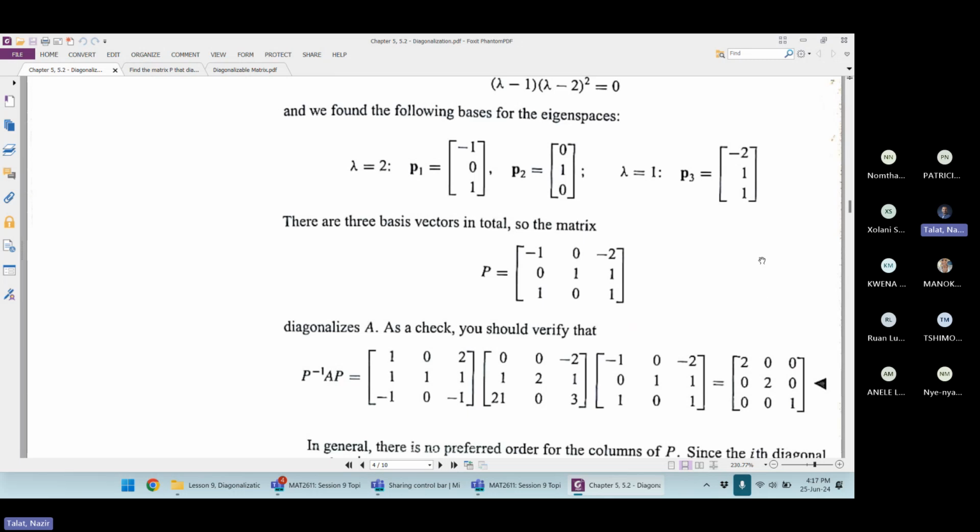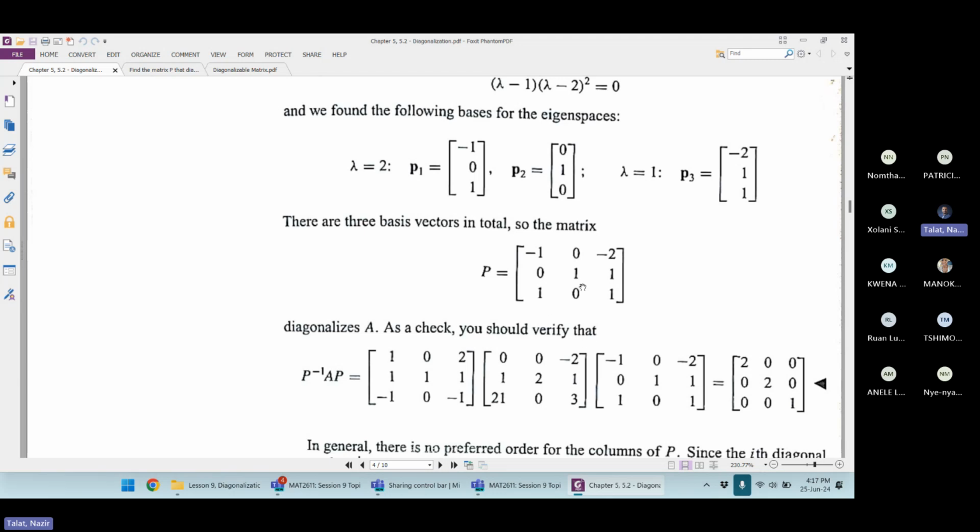One thing you can remember here is that you can interchange p1, p2 and p3. For example, if you write p3 first here, and here you put p2 and here p1, then if you multiply them, the lambda equal to 1 comes first, then 2 and 2, because it depends upon the order of the eigenvectors. If you interchange the order, P is still invertible.